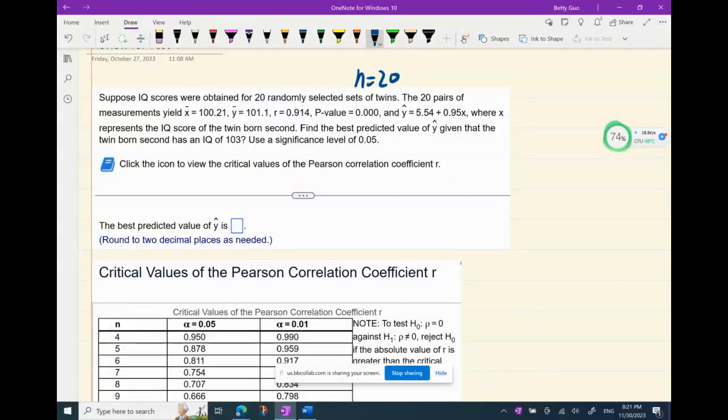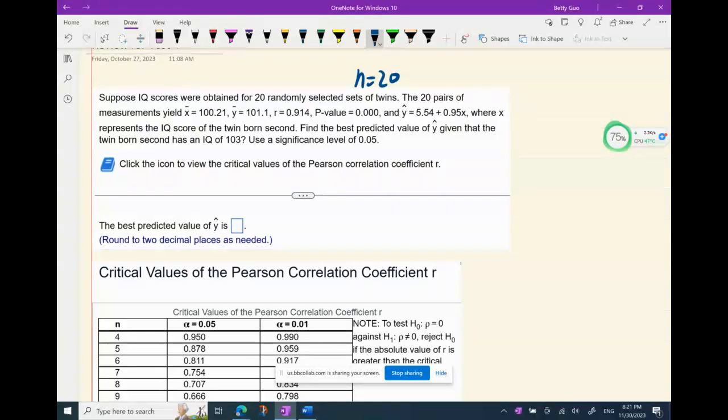Suppose IQ scores were obtained for 20 randomly selected sets of twins. The 20 pairs of measurements yield that, where X represents the twin born second. Then the Y would be the first, I would say. Find the best, as you can see, Kelly, this is definitely dependent, right?